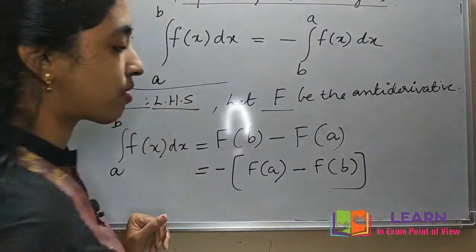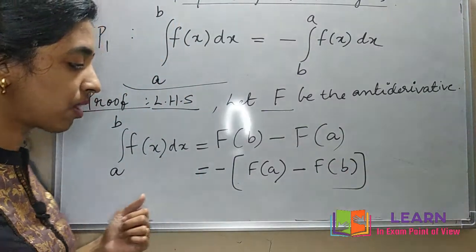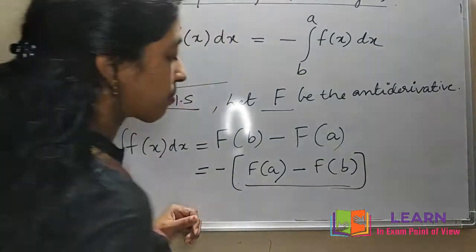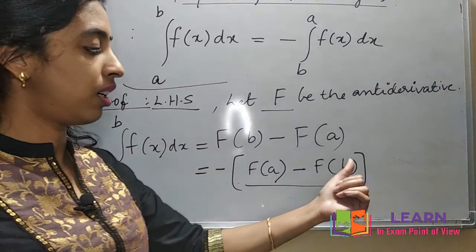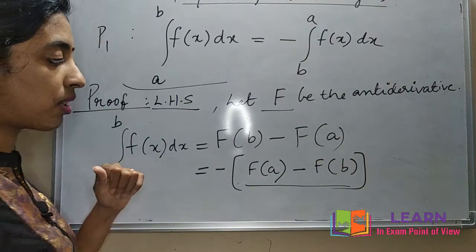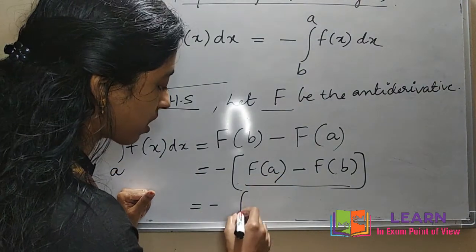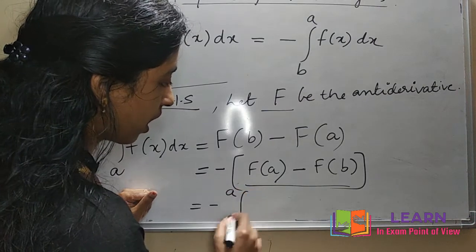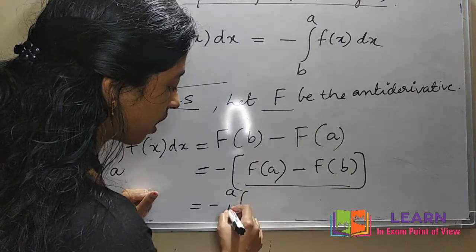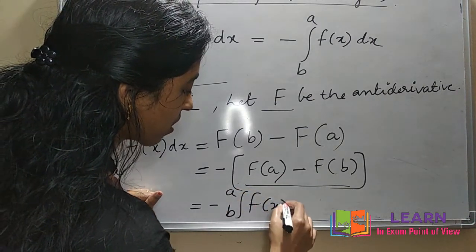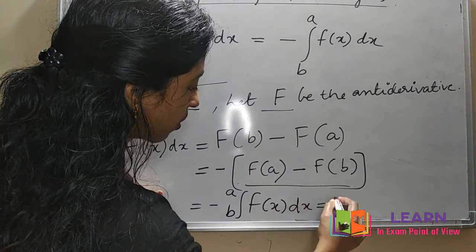Taking a negative sign outside from this term, this is upper limit minus lower limit. That is how it will be negative integral, upper limit a, lower limit b, f of x dx, which is the RHS, right?